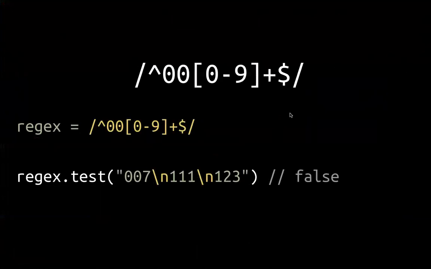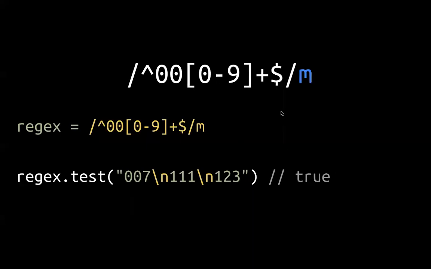So without the M, this test is false, right? Because the $ matches the very end of the string. And this string is not 00 with some number followed by the end of a string. There are new lines in here, those don't match, there's all kinds of crazy stuff going on.